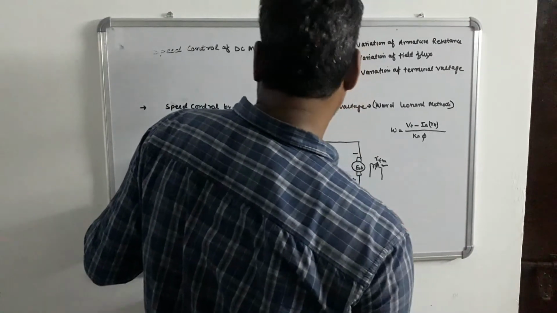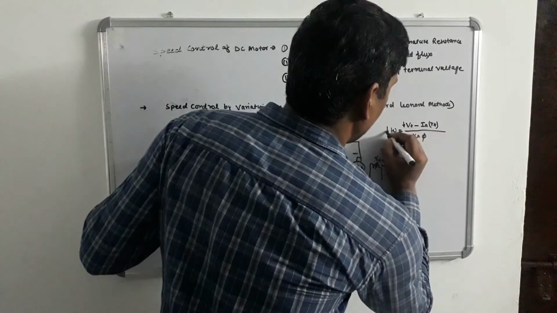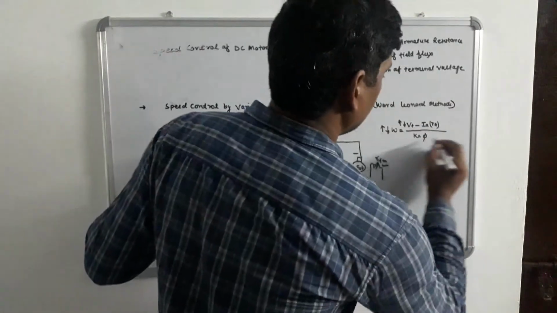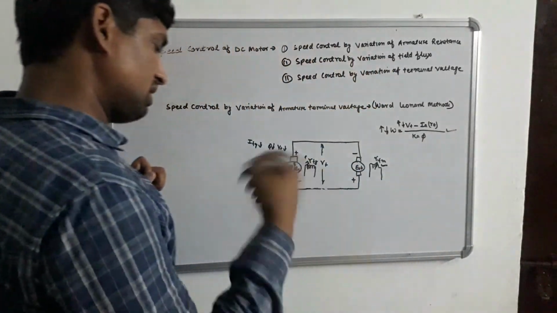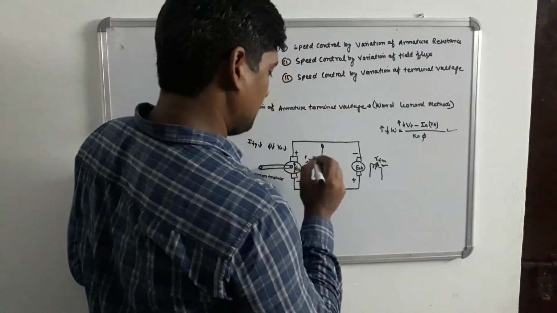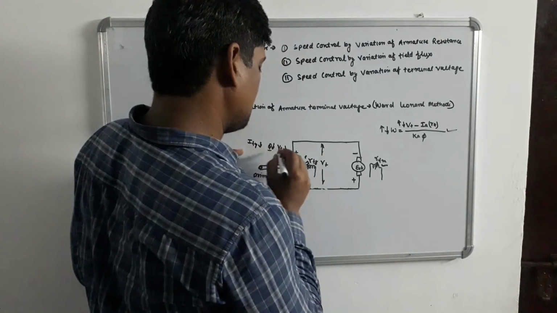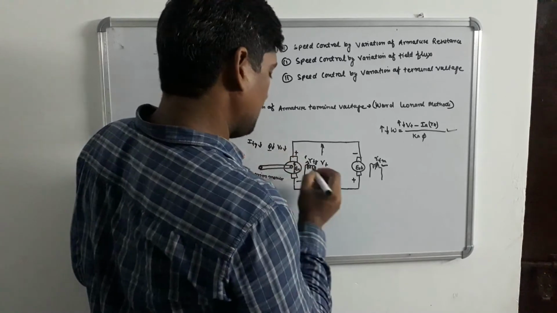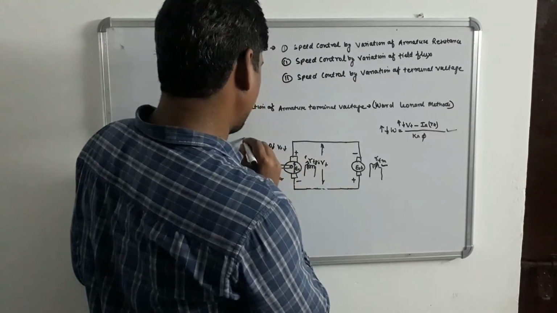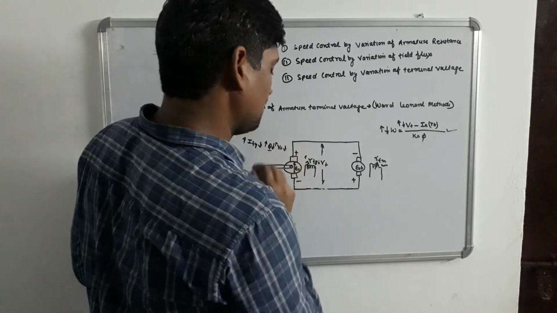If we decrease the terminal voltage, omega will decrease. If we increase the terminal voltage, omega will increase according to this equation. And this terminal voltage changes: if RF increases, IFG decreases, flux phi decreases, and VT decreases. If RF decreases, then IFG increases, flux increases, and terminal voltage increases.